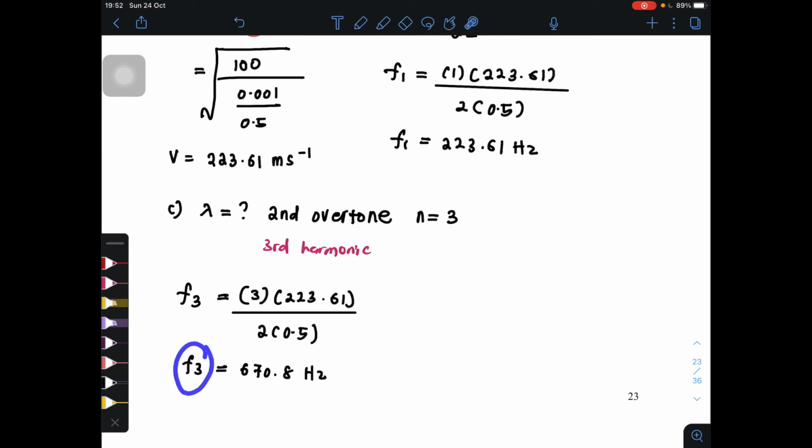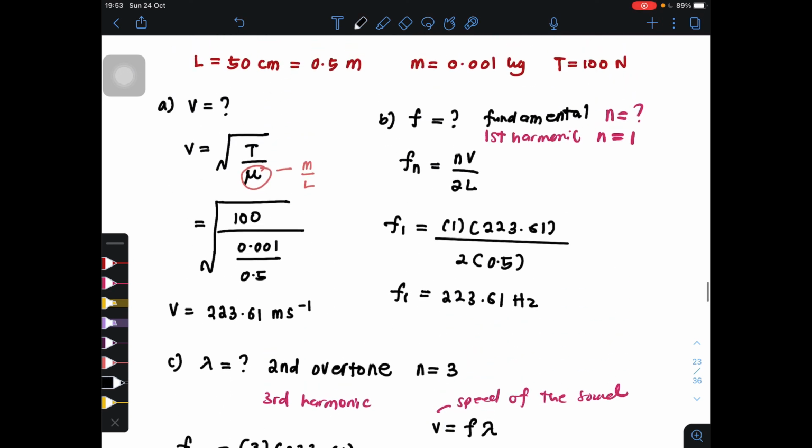And now that we have F3, we can find the value for lambda using V is equal to F lambda. So this is what we want. And V dekat sini adalah the speed of the sound. Okay. Kena sentiasa ingat kalau kita gunakan this formula, the value for V is the speed of the sound.